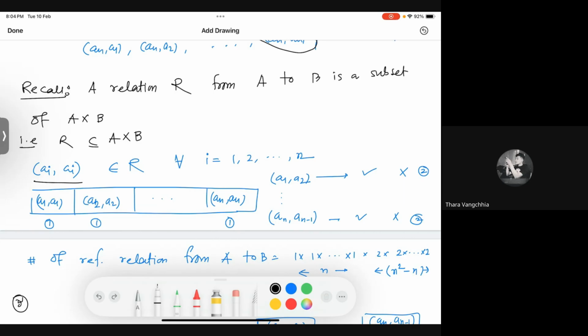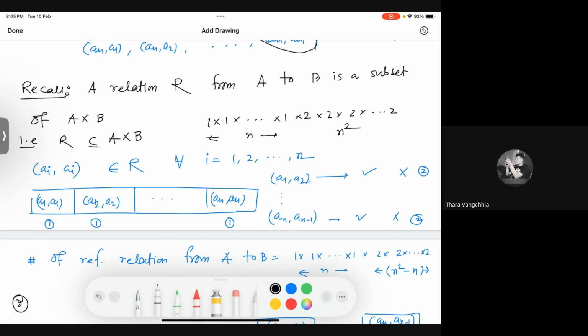So how many reflexive relations are there? 1 into 1 into 1, n times, and 2 into 2 into 2, how many times? How many elements are there in the set G cross G? There are n square elements, right?